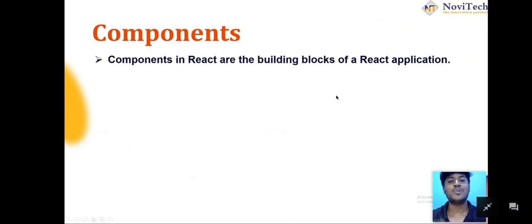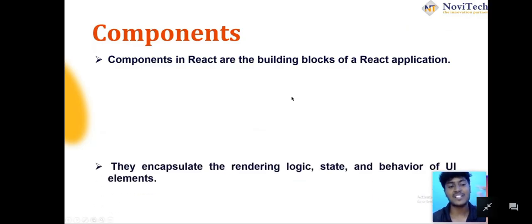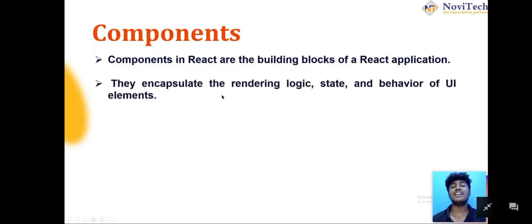Always clear now? With the help of all those components, we are going to create a React application. Components in React are the building blocks of a React application. They encapsulate the rendering logic and JavaScript state, meaning values. What is meant by state?